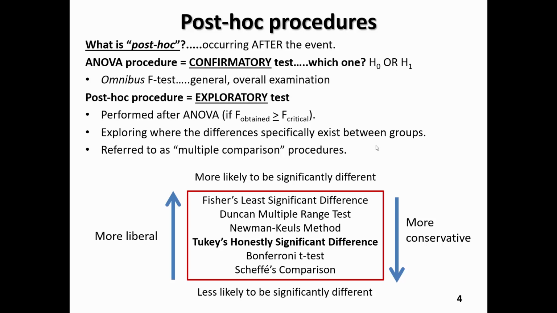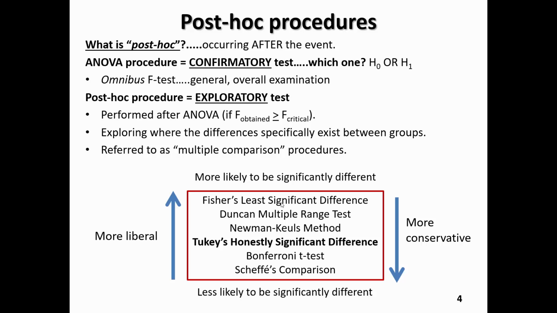Now, in terms of post hoc procedures after completion of the analysis of variance, there are at least 6 different ways to do this. There are actually more, but I'm just posting these 6 here. So we have what's called Fisher's least significant difference test, Duncan's multiple range test, Newman-Keuls, Tukey, Bonferroni, and Scheffé.